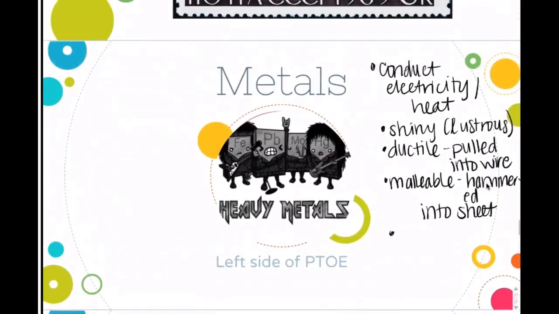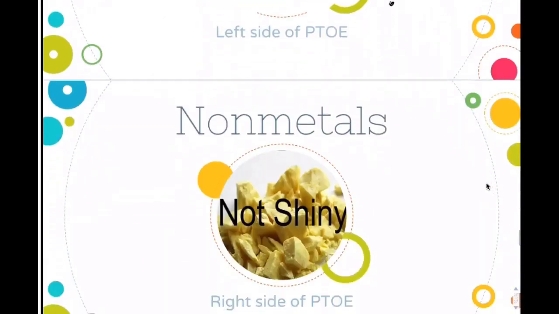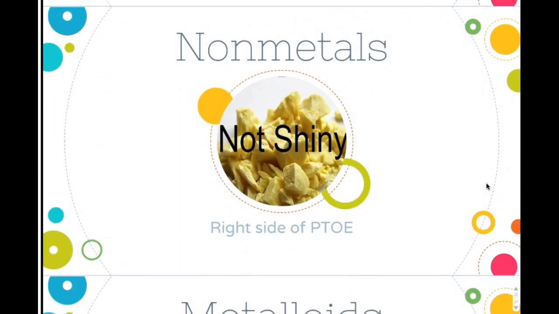So for metals, it's easy to think about aluminum. That's a metal that we all come into contact with pretty often. Or like iron. Those are metals that are pretty common, and so thinking about those is better as your examples. For nonmetals, a really good example would be carbon, like the graphite in your pencil is pure carbon. And so if you were to hammer that, it would just shatter, right?